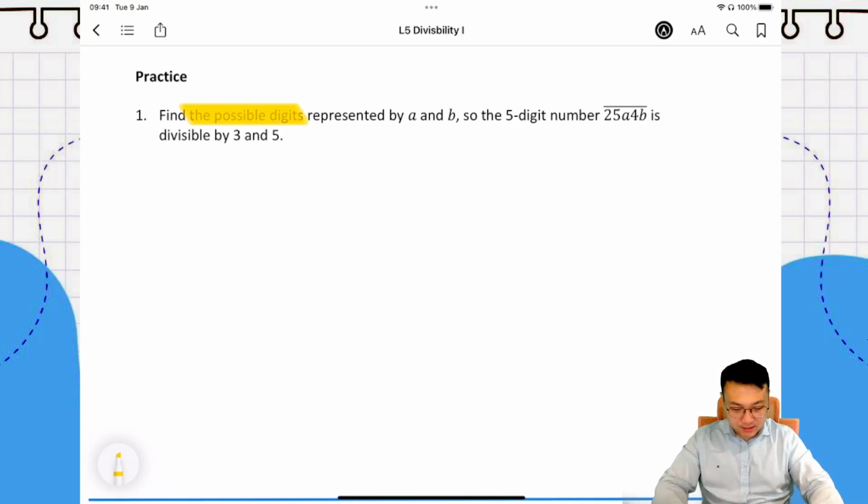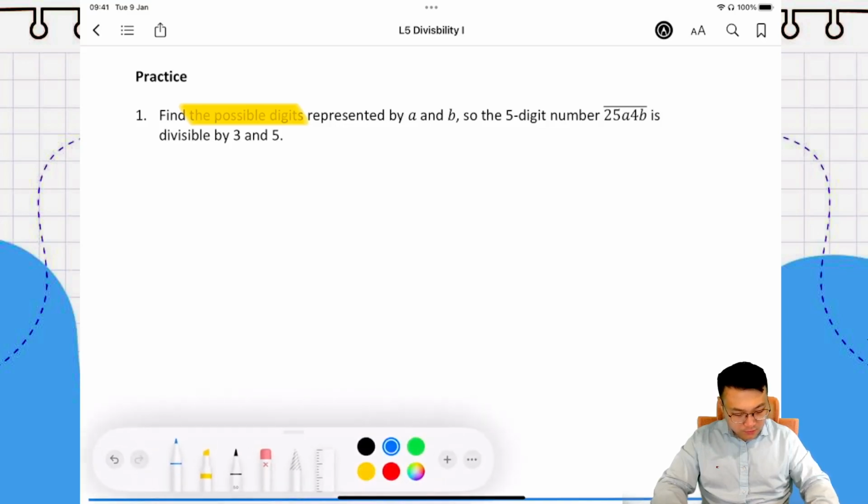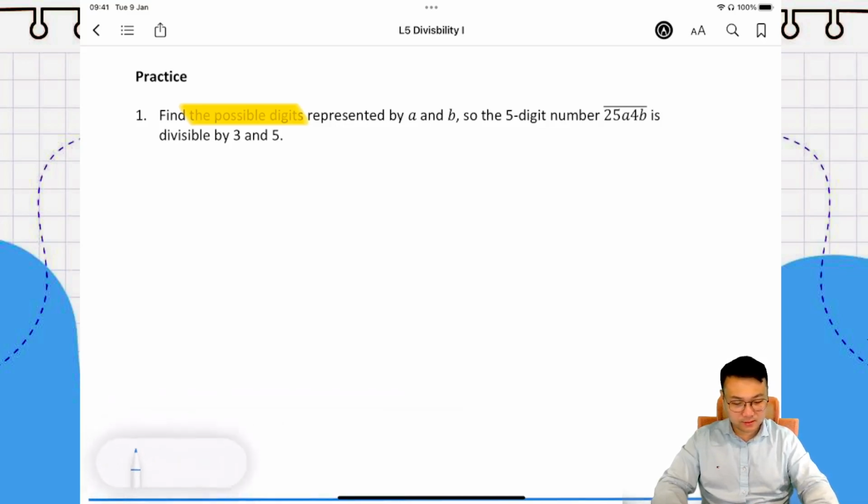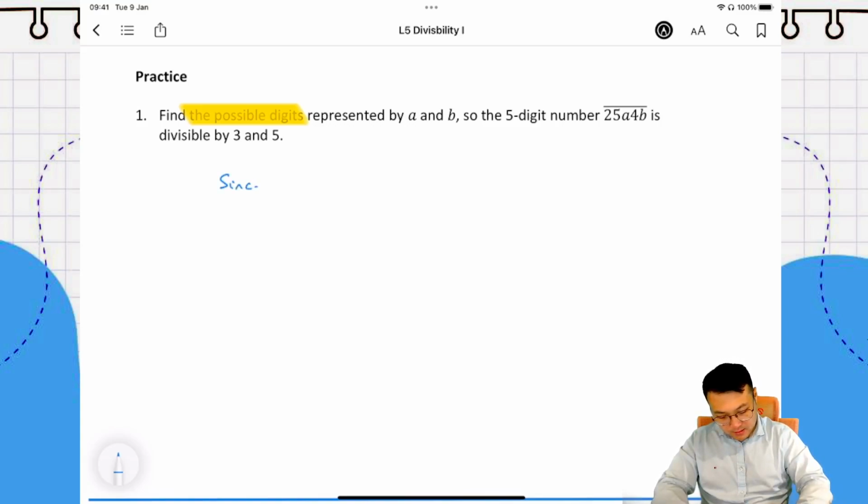So let's get started. Lian, how do you know whether a number is divisible by 5? Last digit is 0. Last digit is 0 or 5. Okay, so we write down, since 5 divides 25A4B, it means that B must be 0 or 5.